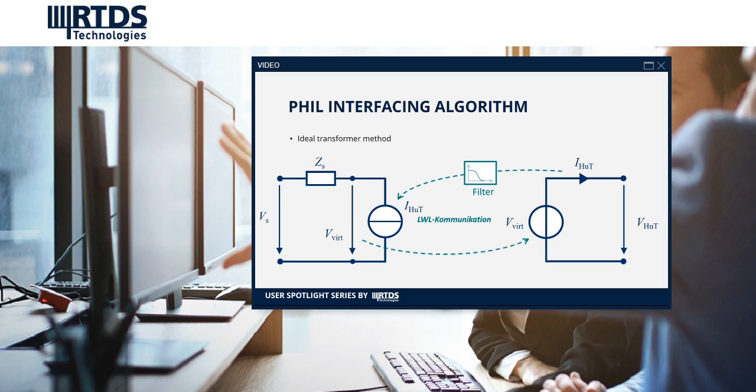Although we have Aurora communication, there are always some communication delays or other delays from the 4-quadrant amplifier control, and measurement noise in the real system or non-linearities in the amplifier.